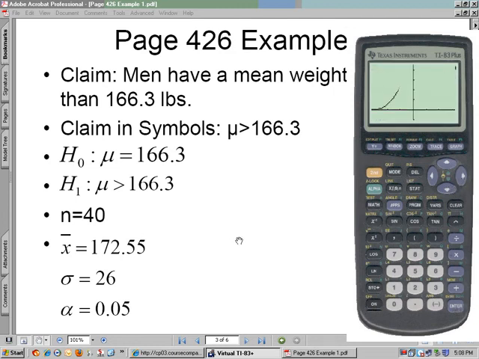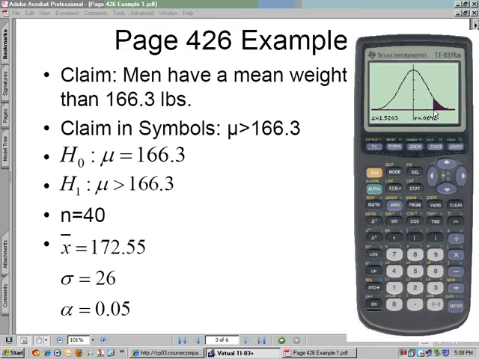And what happens is, notice this is a one-tail graph because it says that the mean is greater than 166.3. Okay, the z-score for that is located right here at the beginning of the shaded area, and it tells us the z-score for this, which is your test statistic, is 1.52.